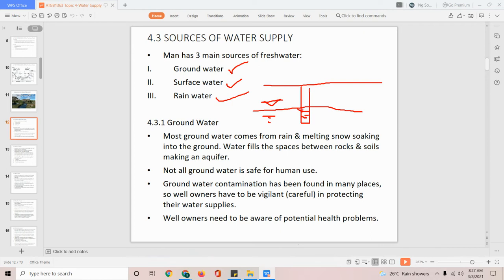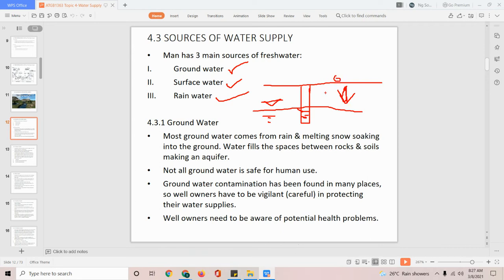But then there comes a problem with this because when it comes to groundwater, if beside the site there's some contamination, then it will not be very safe to consume. So where does all this water come from? It comes from the infiltration of water through here. So let's say, for example, we have some chemical spill or someone is putting some chemical.